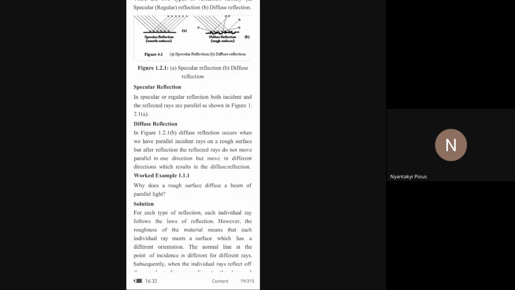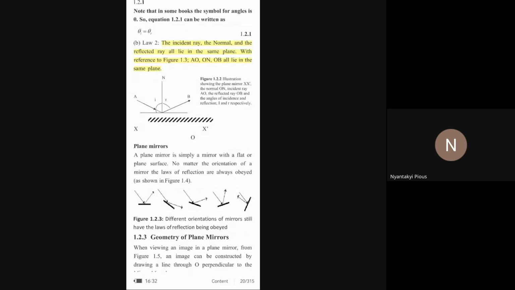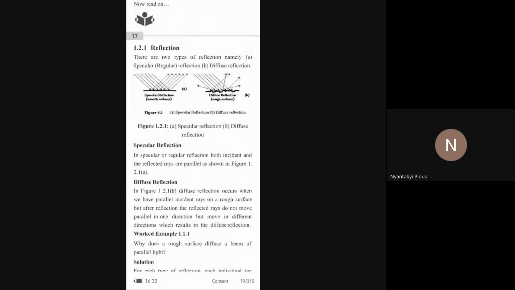With the specular reflection... So he first talked about the diffuse reflection before coming to talk about the specular.